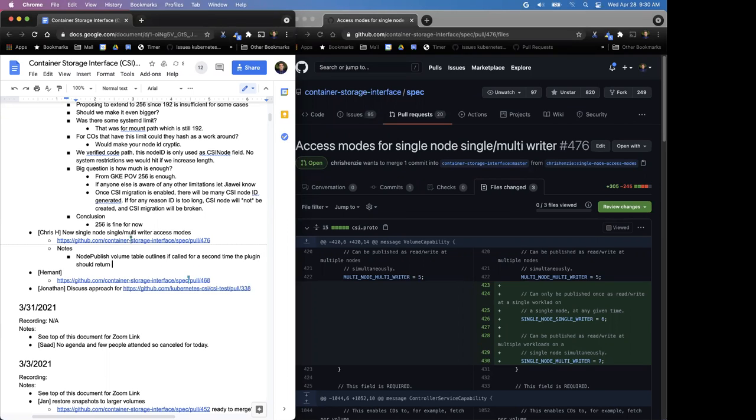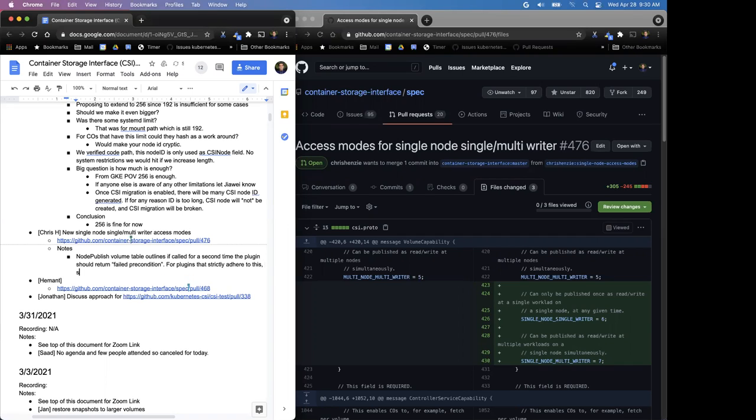But for CSI plugins that strictly adhere to this spec, single node writer volumes can only be mounted to a single target path because single node writer is a non-multi-node access mode. So this behavior of single node writer means single node single writer, and it conflicts with the original definition.